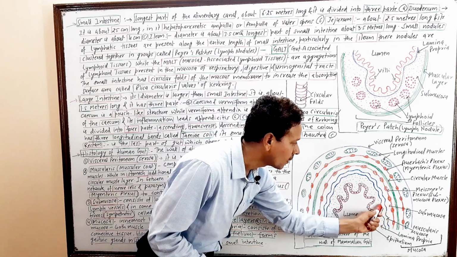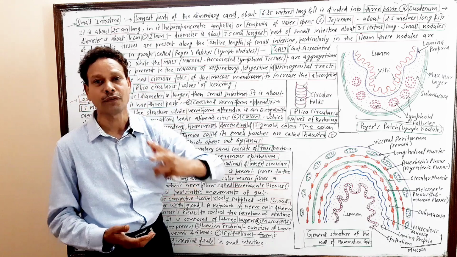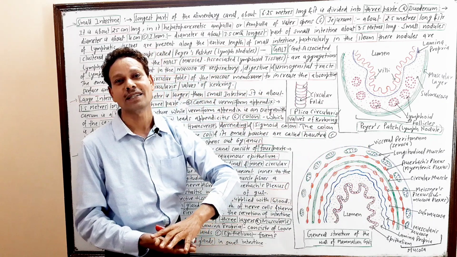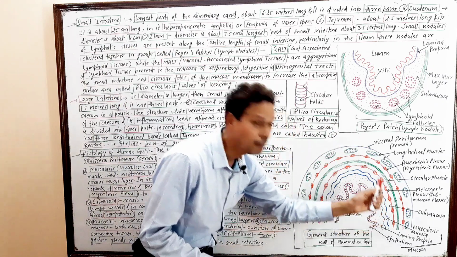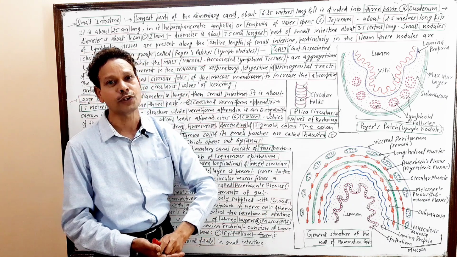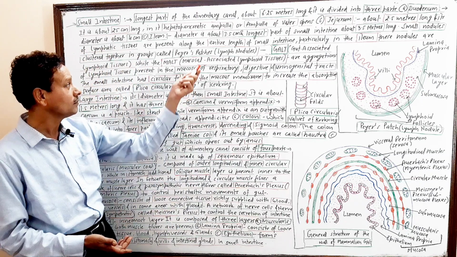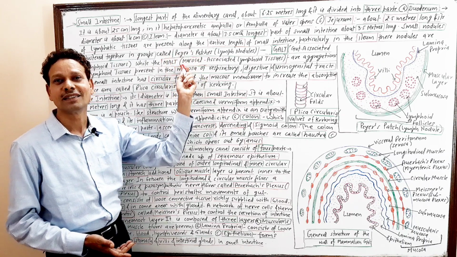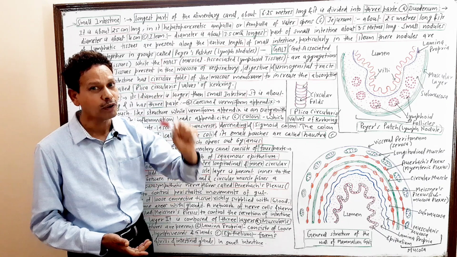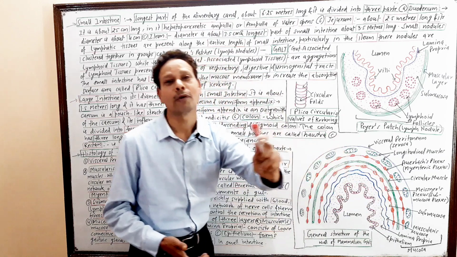First is muscularis mucosa. Note down two types of layers of muscles, outer longitudinal and inner circular muscles. Then lamina propria, very important, is made up of loose connective tissue having lymphatic tissues, meaning MALT, the mucosal associated lymphatic tissue, present in the lamina propria.